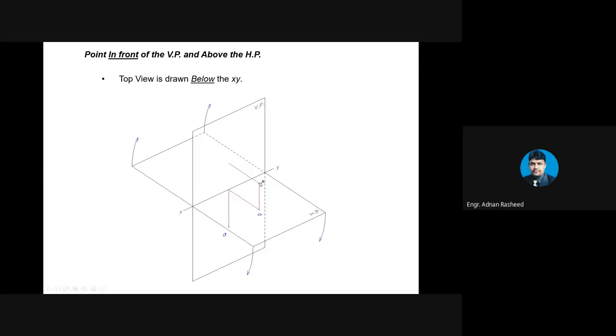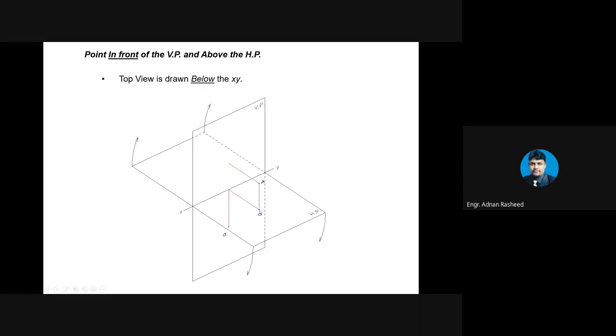So the point is in front of the vertical plane and above the horizontal plane. So this point A is in front of the vertical plane and above the horizontal plane. If you are looking at this point from the top, definitely its image will be formed on the horizontal plane. And this image or projection of the point is represented by a small letter. This small letter represents that this is the top view of this point.